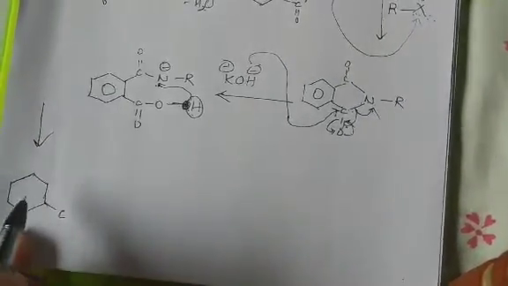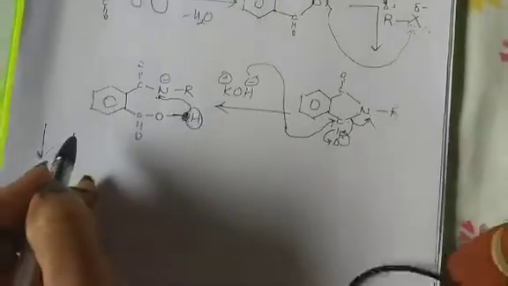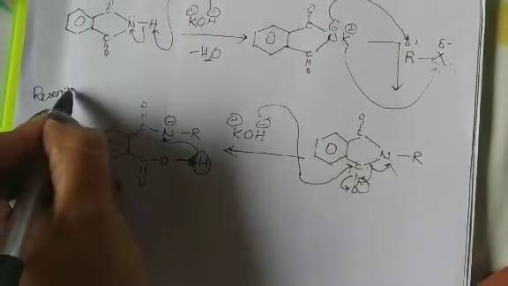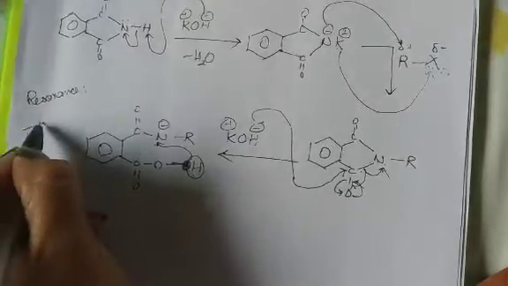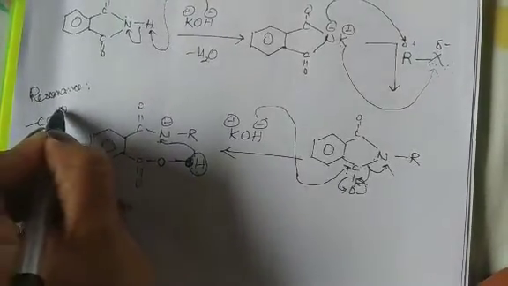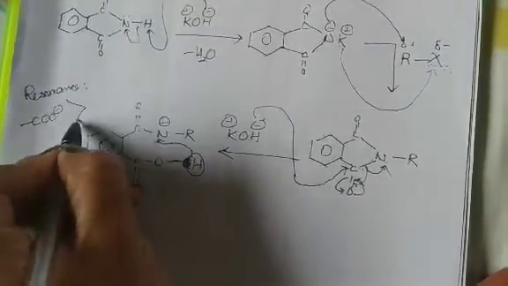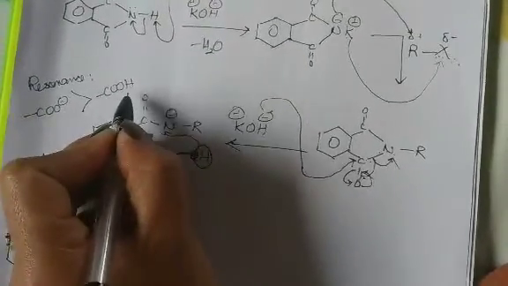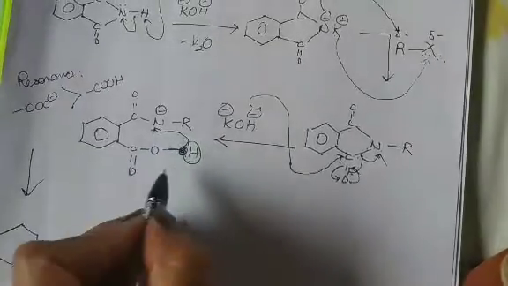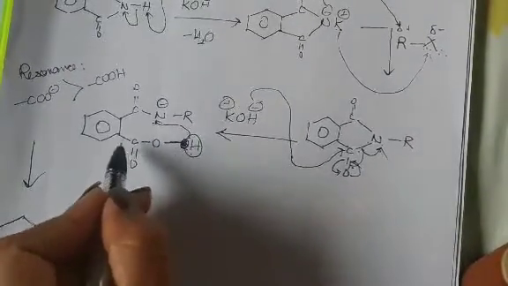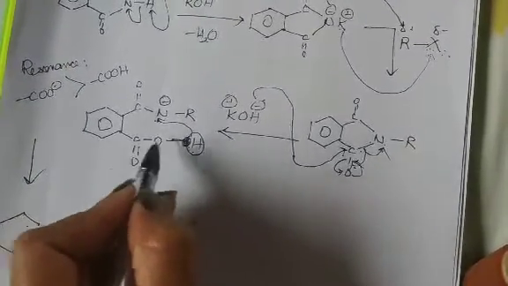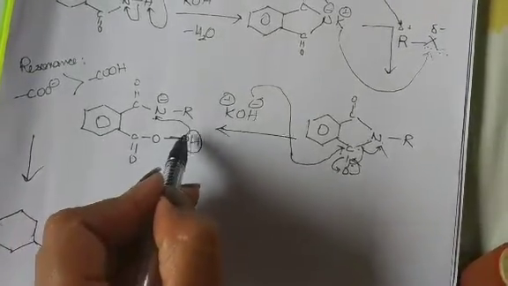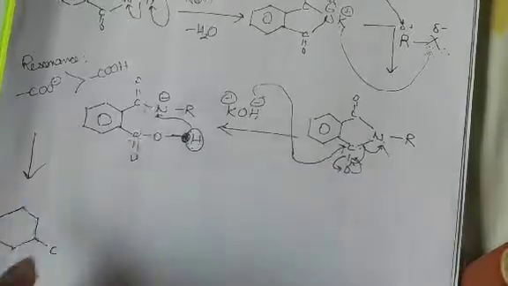Before giving the product, we know that by resonance COO minus is more stable than the carboxylic acid COOH. Since the COO minus wants to become more stable than COOH, the transfer of the proton takes place.